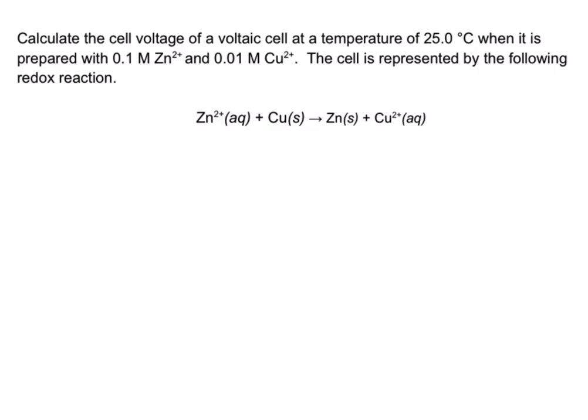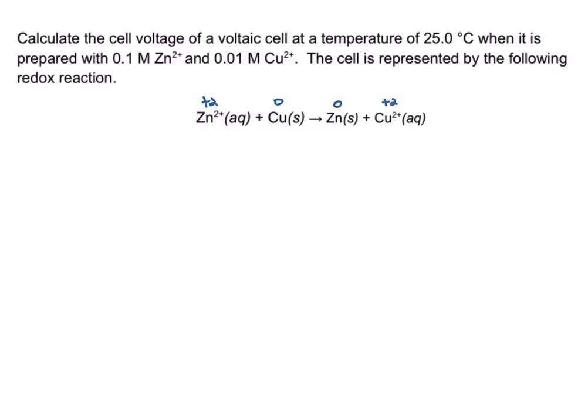We need to decide which element is going through the reduction reaction and which element is going to be assigned the oxidation reaction. So let's go ahead and assign our oxidation states. Zinc 2 plus is plus 2, copper is 0, zinc is 0, and copper 2 plus is plus 2.